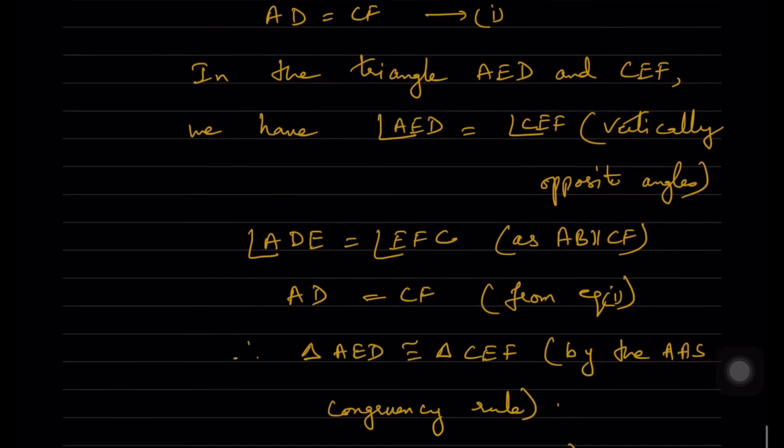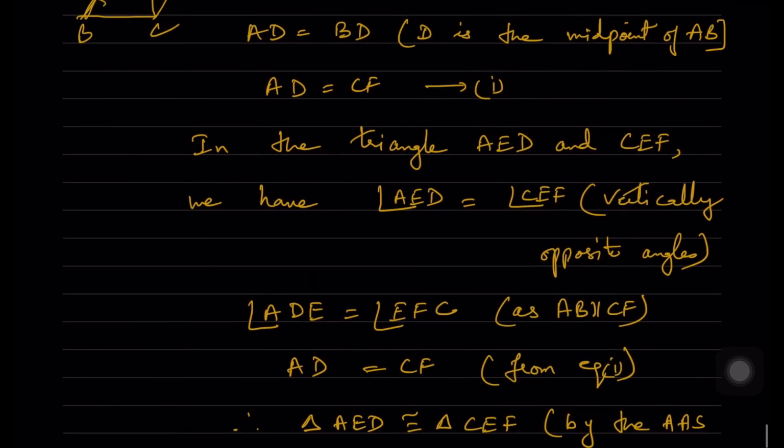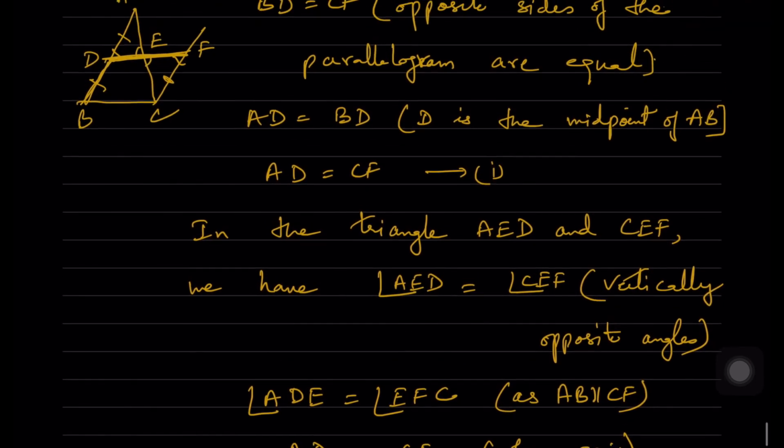Now what are the conditions we took here? We took angle ADE equal to angle EFC, because these two lines are parallel: AD is parallel to CF, and AC is the transversal, DF is the transversal. Those are alternate angles.